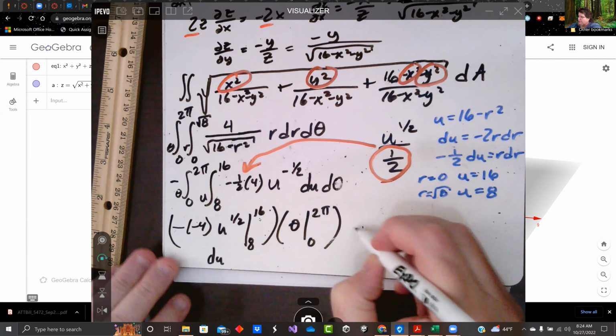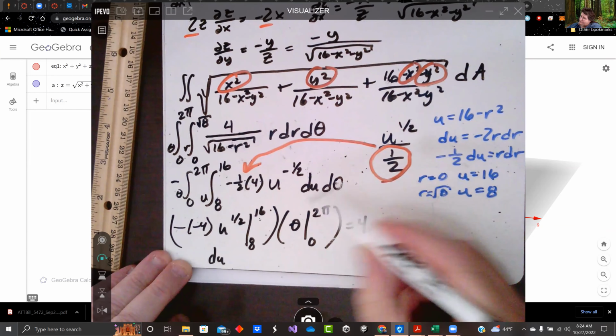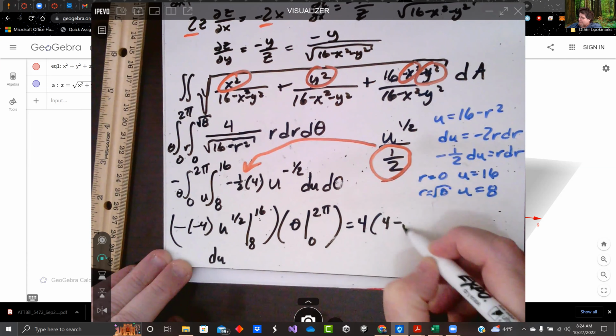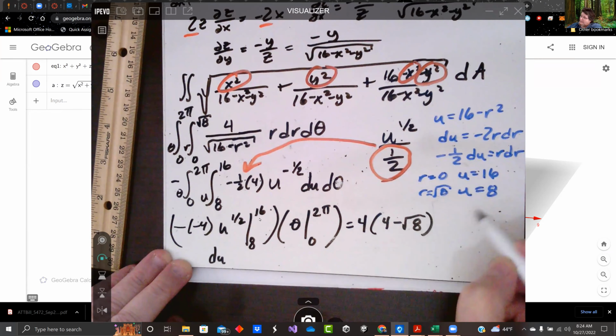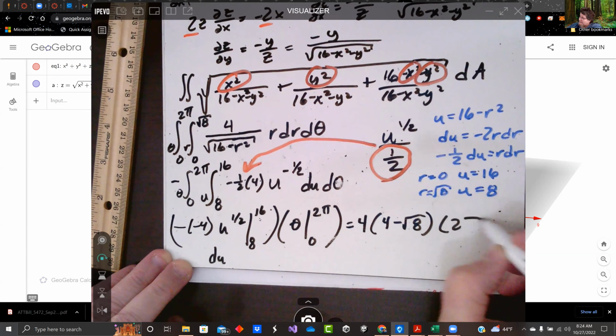So I've got 4, the negative is 4. And then I've got square root of 16, which is 4, minus the square root of 8. And then I got 2 theta, or 2 pi.